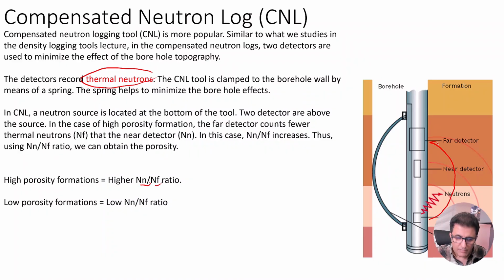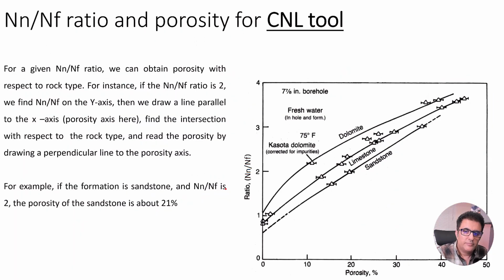So when we have much higher porosity, or when the attenuation is significant, it means that the far detector will record a much lower number of neutrons compared to the near detector, and as a result, this ratio will be very, very high, and from this we can have some idea about the porosity. So the higher the ratio of Nn over Nf, the higher the porosity, and this is how we are able to estimate the porosity from our data.